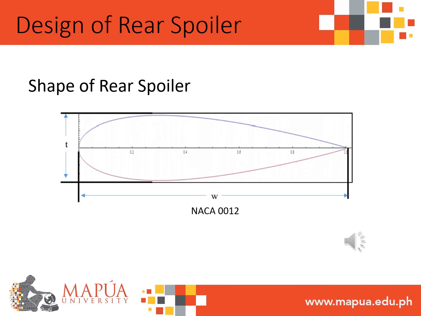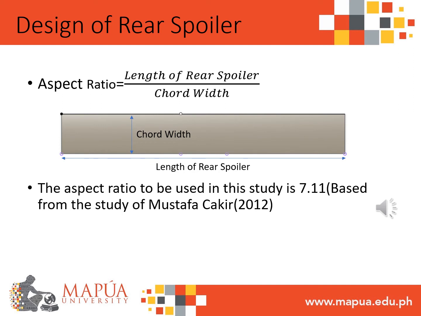The shape of the rear spoiler to be used for this study is the NACA 0012 symmetric airfoil shape. The reason why we use this shape is because it has the lowest induced drag compared to other shapes such as flat plate. Aside from shape, we will also consider the aspect ratio for our design.